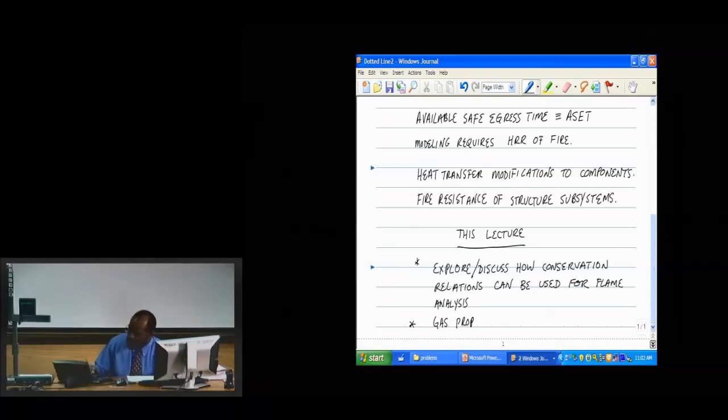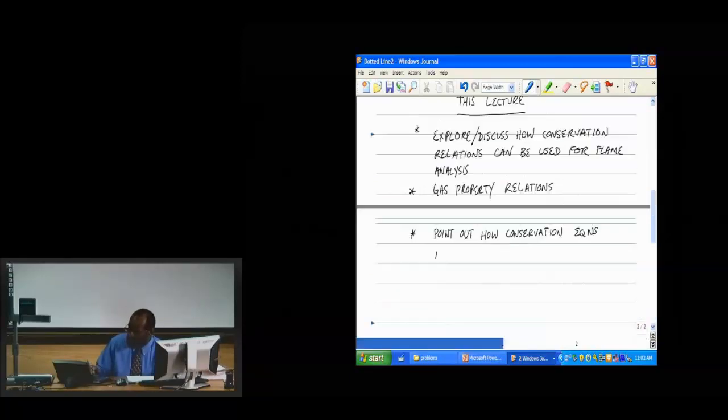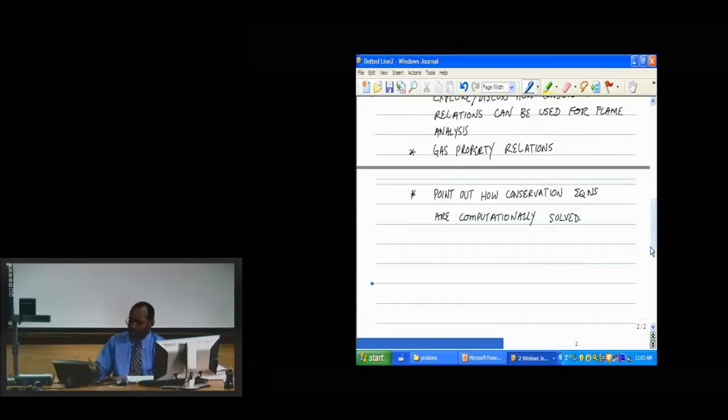And we're going to really point out, not do any details on it, how these conservation relations might be evaluated computationally.